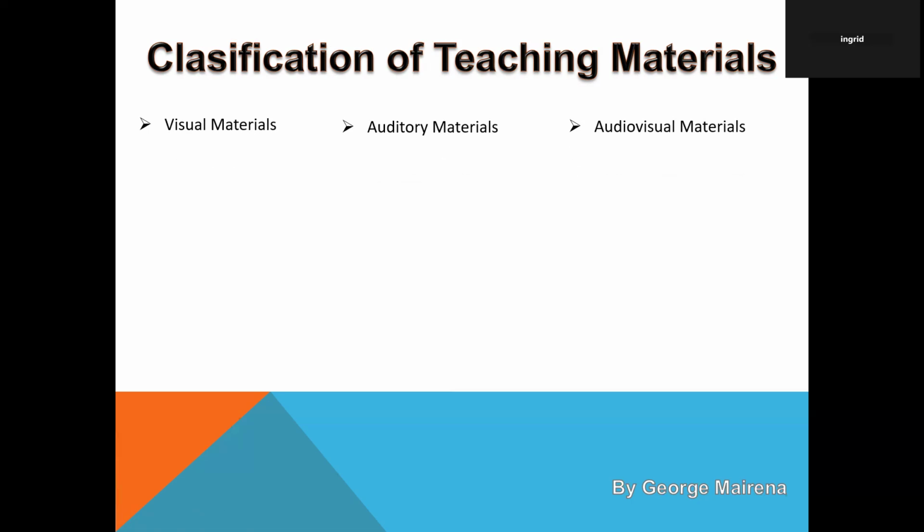Some of them can be the same one. It doesn't matter if you say they are auditory or audiovisual. If we can find them in both, that's correct, okay? But first, I would like to know what you understand. How would you define visual materials?